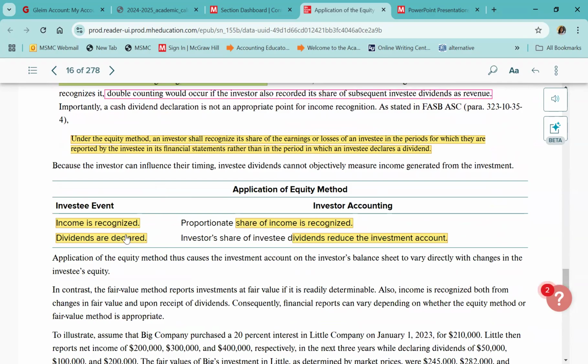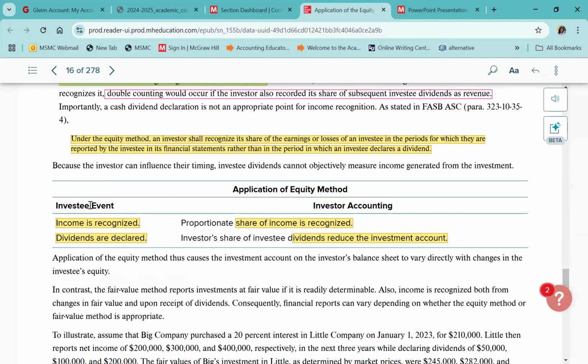Then the equity method, in addition to that first journal entry when we buy the stocks: if the investee recognizes income, the investor is also going to recognize income, according to its share, 20%, 40, 30, 50, definitely not 51, because it's between 20 and 50.